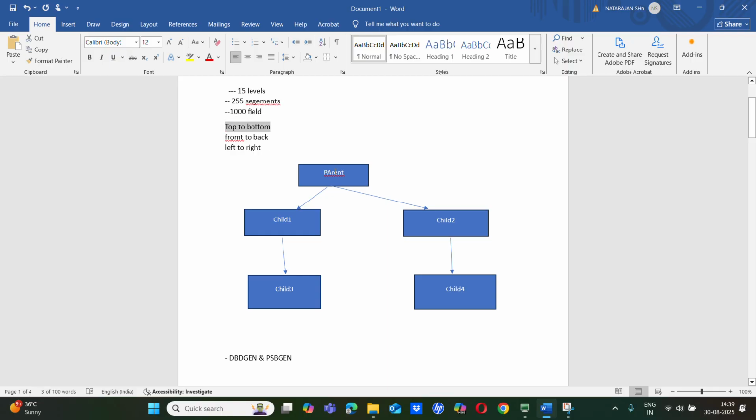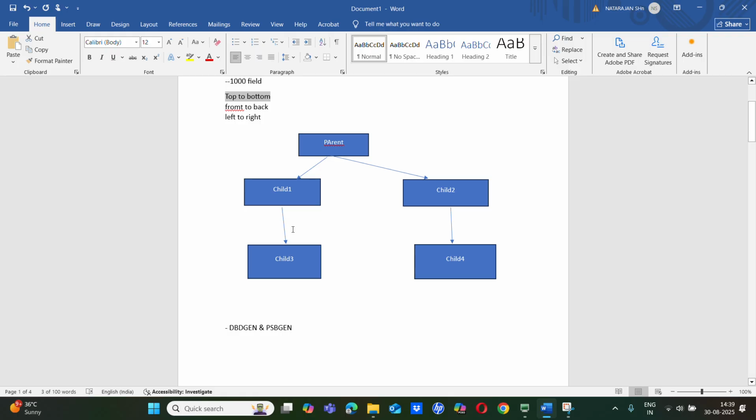So it will travel through the parent, then to the child, and then to child 3. From child 3, because it is top to bottom, there is no other similar segment. There is no connection from child 1 to anything other than child 3. So after child 3 it will go to child 2, and then to child 4. That's how it travels, top to bottom, left to right.